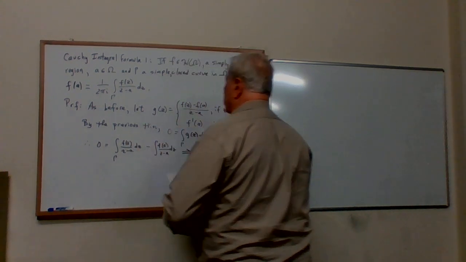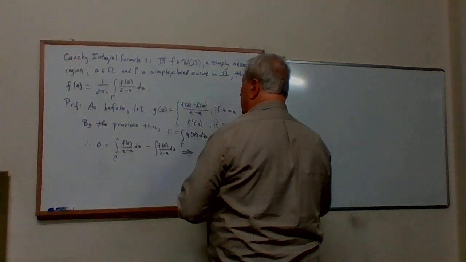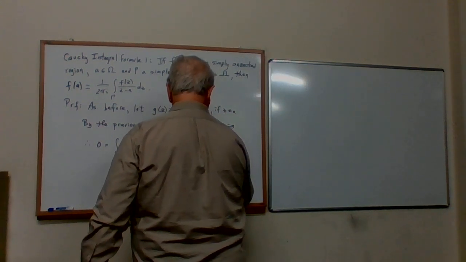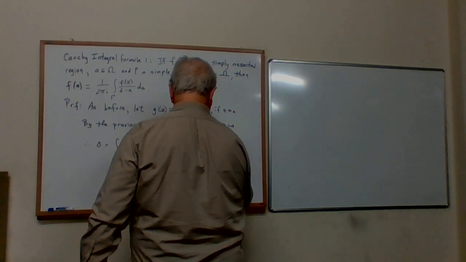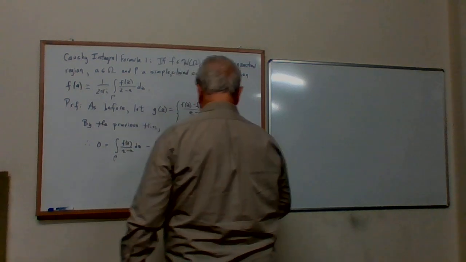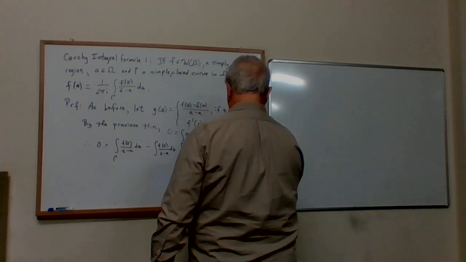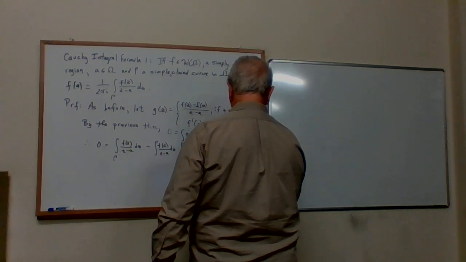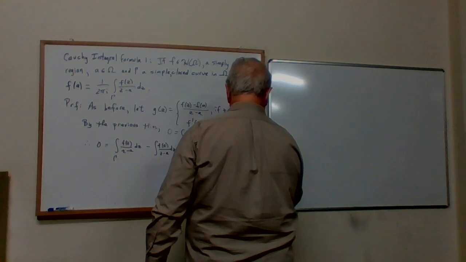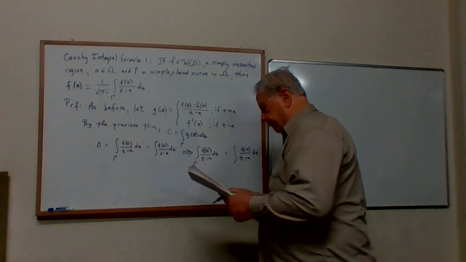And since 0 is equal to that difference, then those two integrals are equal. So the integral over gamma of f of z over z minus a with respect to z is equal to the integral of just this constant value, f of a, over z minus a with respect to z.